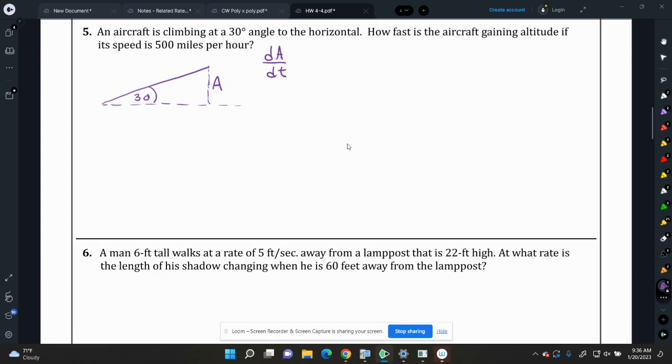Its speed is 500 miles per hour. So we're looking for this. I'm just going to write speed equals 500 miles per hour. Let's label these. We're going to call this X. We can call that A or Y, it doesn't matter.